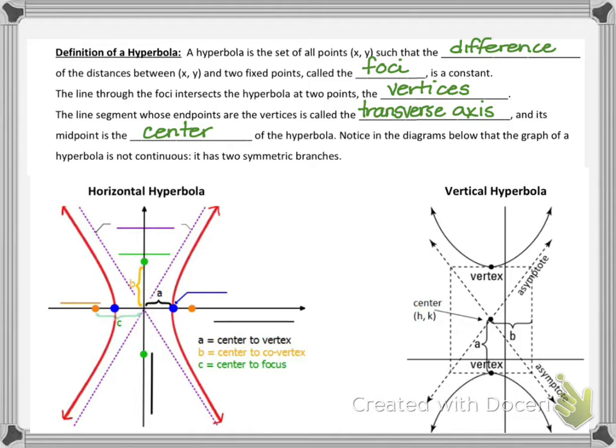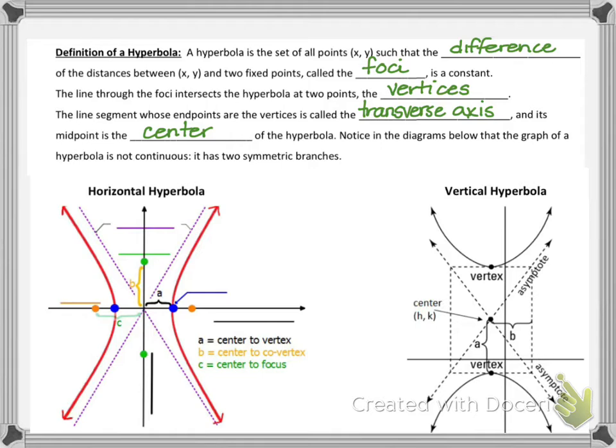So let's take a look at the diagrams here below. One of a horizontal hyperbola and one of a vertical hyperbola. And let's include some labeling to help you understand the different important characteristics that you will need to include when you're graphing.